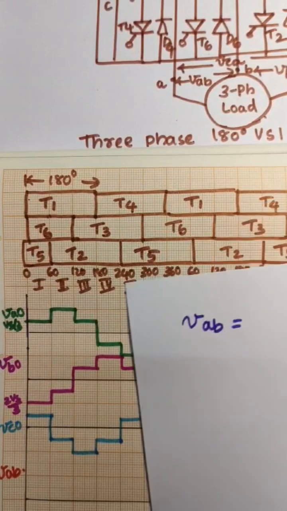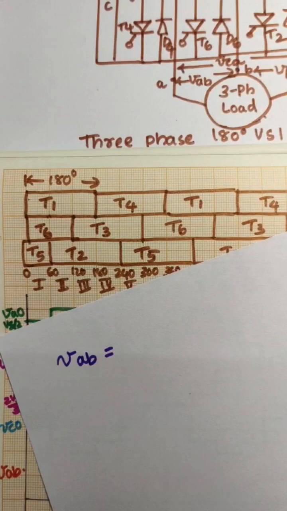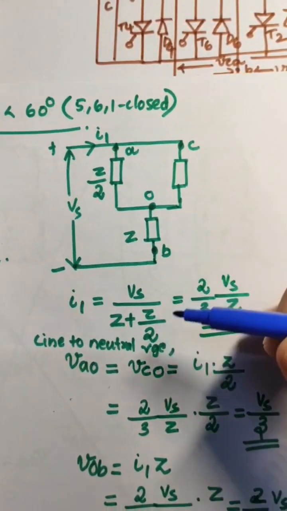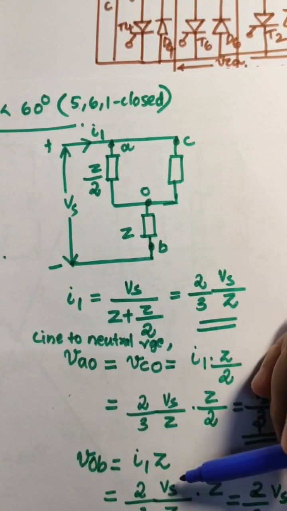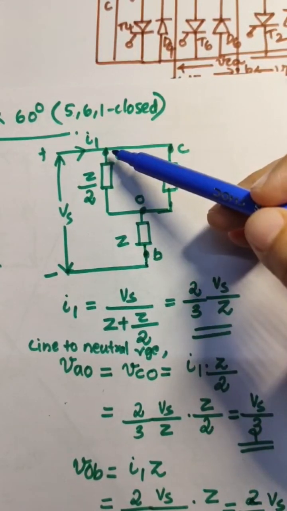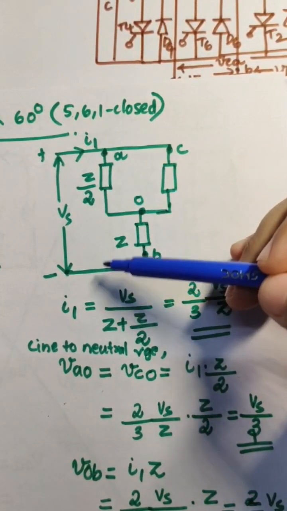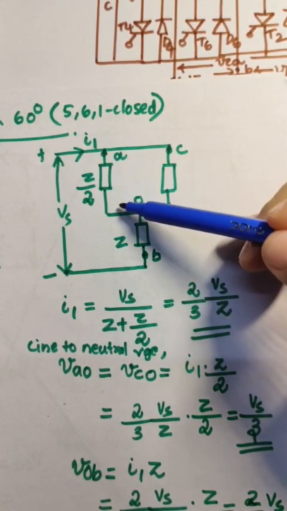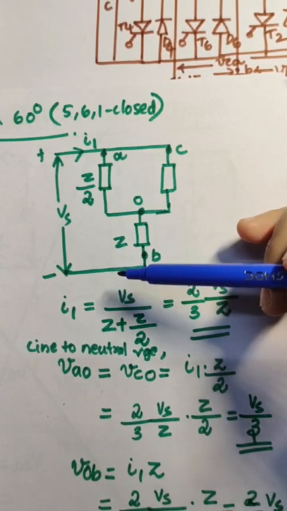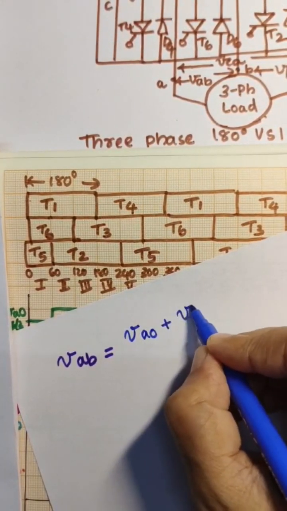For that, the VAB voltage can be written as, from the diagram, this is the first step, the line to neutral voltages we obtained. This is the equivalent load circuit diagram. What is the value of line to line voltage VAB? So VAB is the sum of VAO voltage plus VOB voltage.